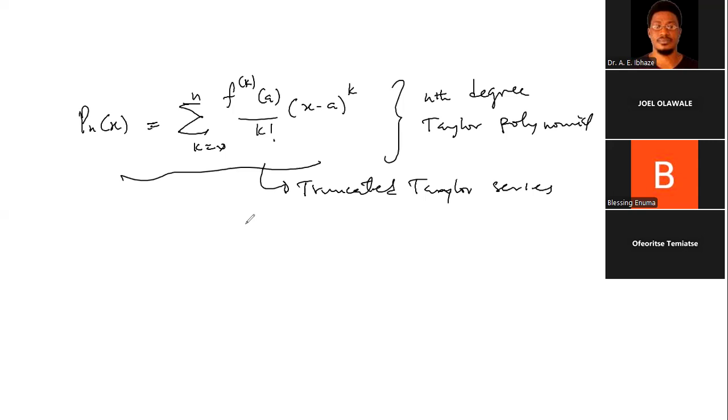The drawback is that it is accurate only near that point, and it requires the function to be differentiable up to n times. So these are some challenges or drawbacks when it comes to applying the Taylor series approximation.